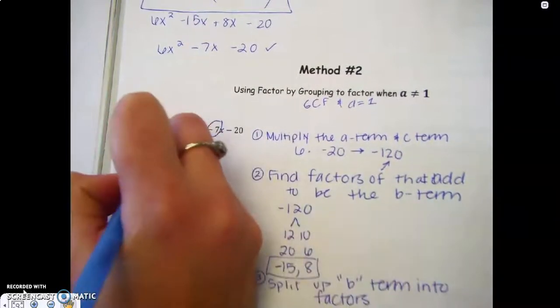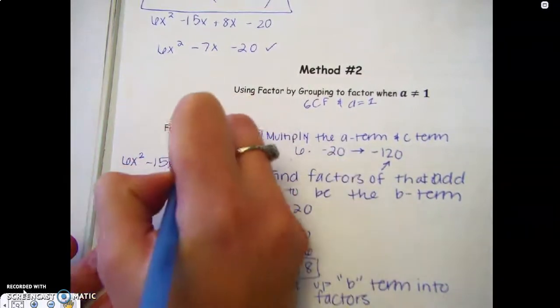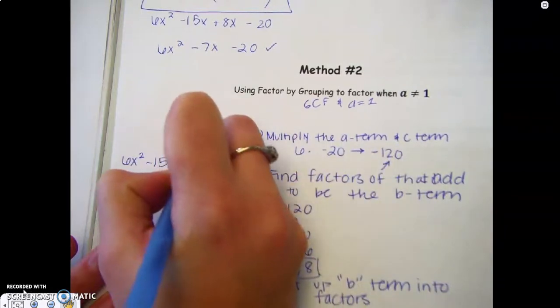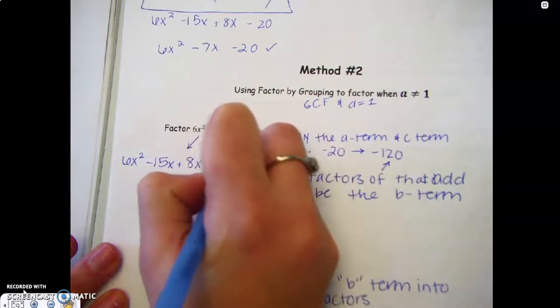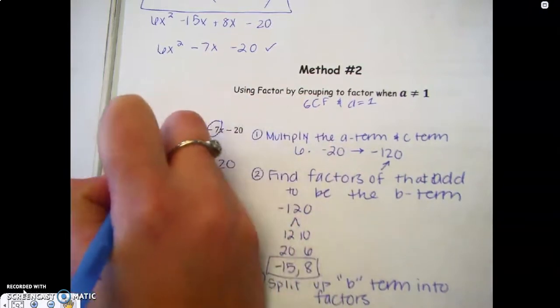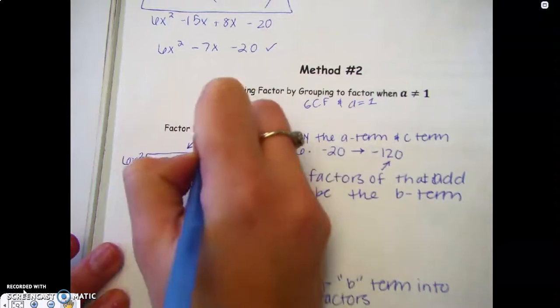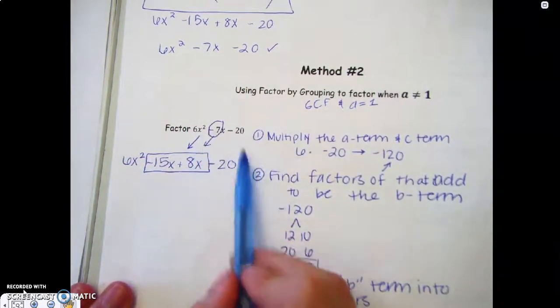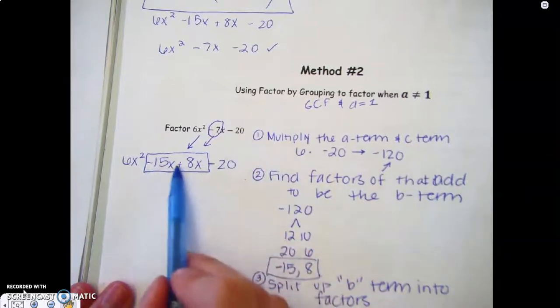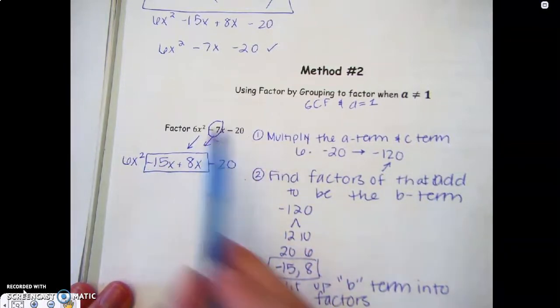I'm going to write negative 15x and positive 8x, because 15 was negative and 8 was positive, and then minus 20. All I did was replace that middle term with what the sum should be, so this is still equal to negative 7x. These things are equivalent, because when I combine those like terms, I get back what I started with.